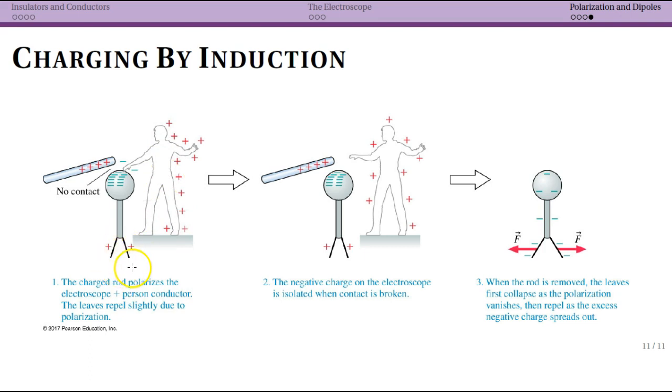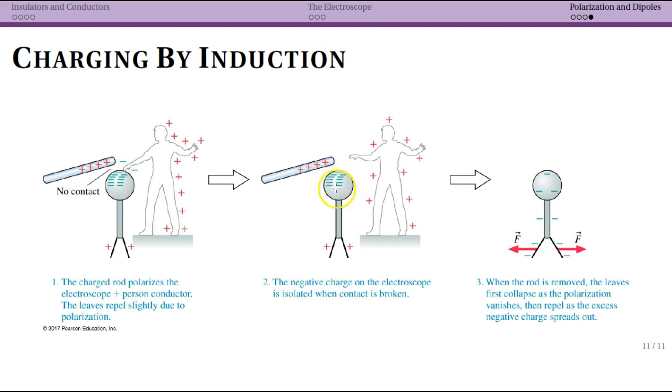But note, just as this picture shows, there is much more excess positive charge on the person compared to the electroscope. Then the person stops touching the electroscope and backs away. Notice that they're taking some of the positive charge with them. Your positively charged rod still has not come into contact, but we remove that as well.